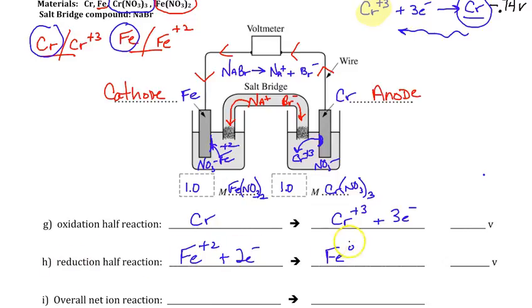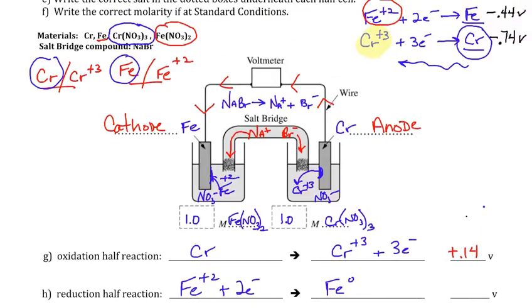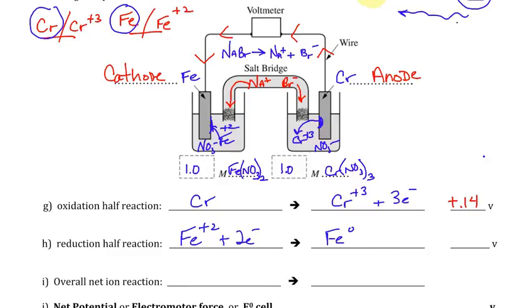Reduction is gaining electrons. And let's put our charges. This is going to be a positive 0.74 going in the reverse. And iron +2 reducing as written because it is reduction, it's going to be negative 0.44. Doesn't like to, does it?